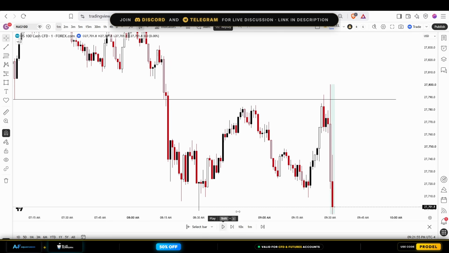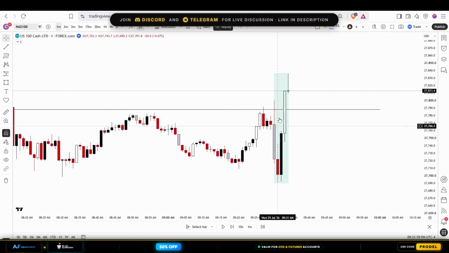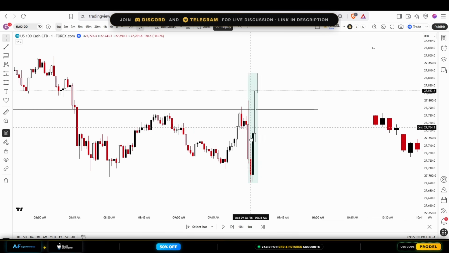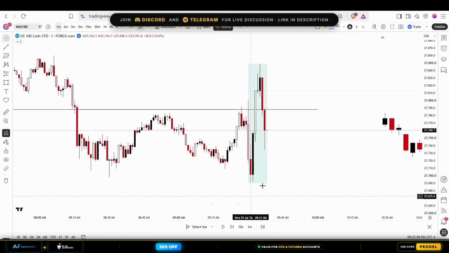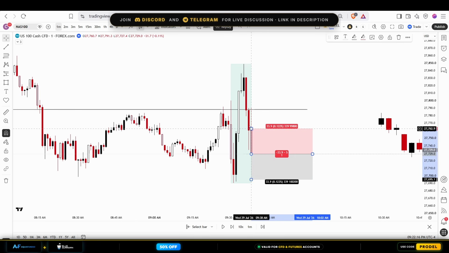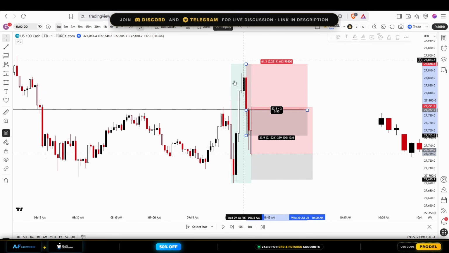Let's just wait for 9:30. At 9:30, you can see it just tagged the POI, but it did not close above the POI. We will wait for the close above the POI, which will be good. And you can see here, this is the inverse fair value gap. You can just take your trade after the close below the POI here like this.